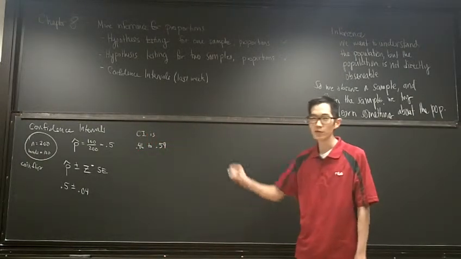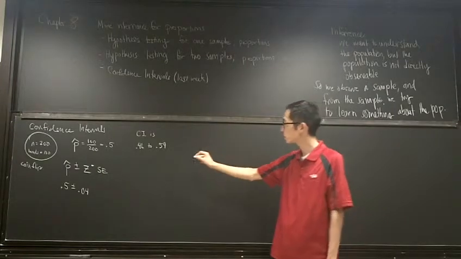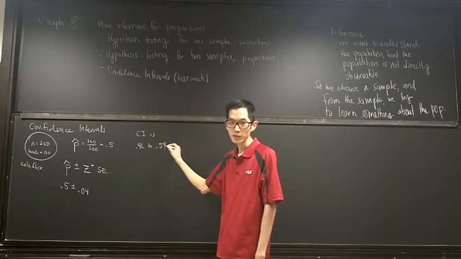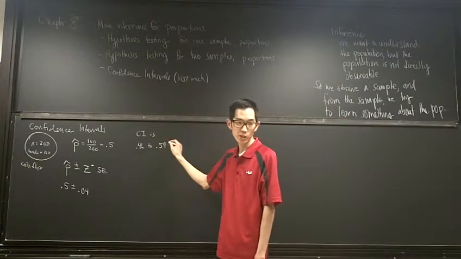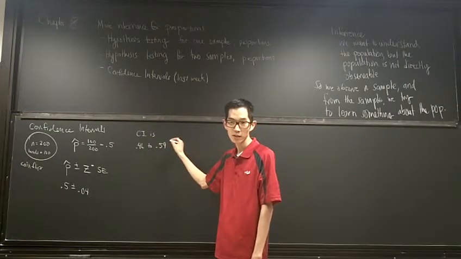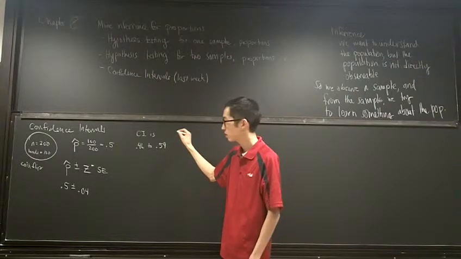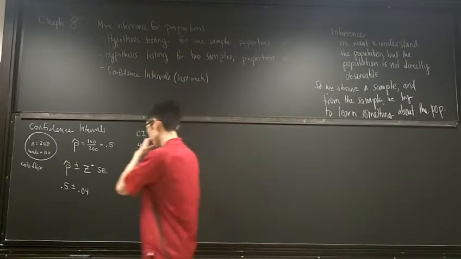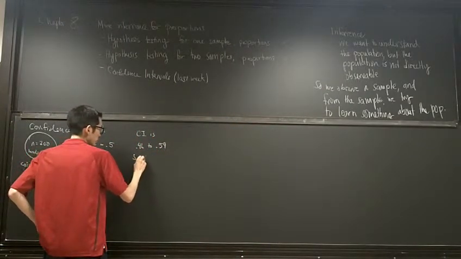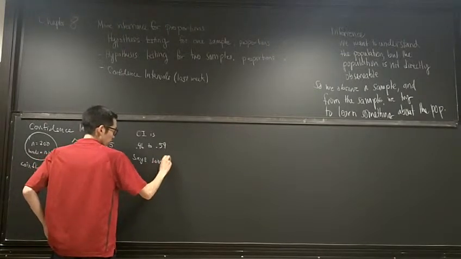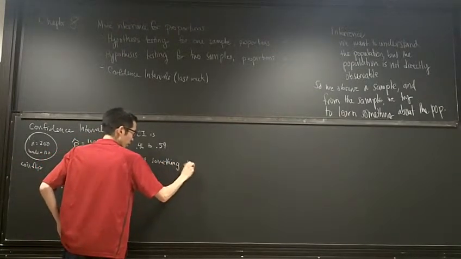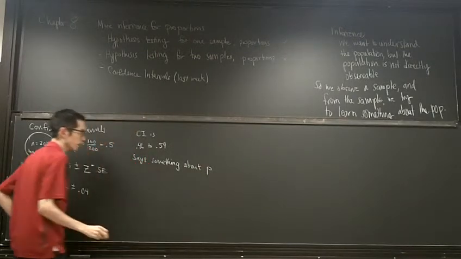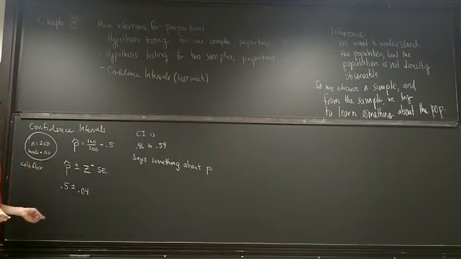With a confidence interval, you've observed a sample and created this interval, and it says something about what? It says something about P, the population proportion. What does P represent in this scenario when we're talking about coin flips?